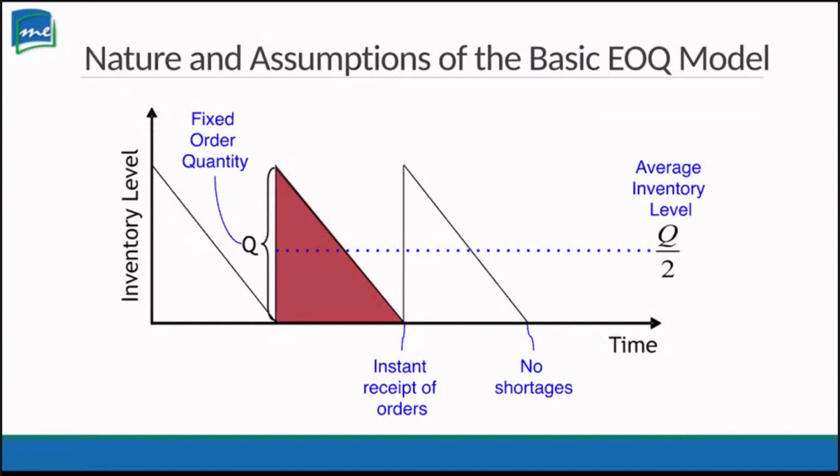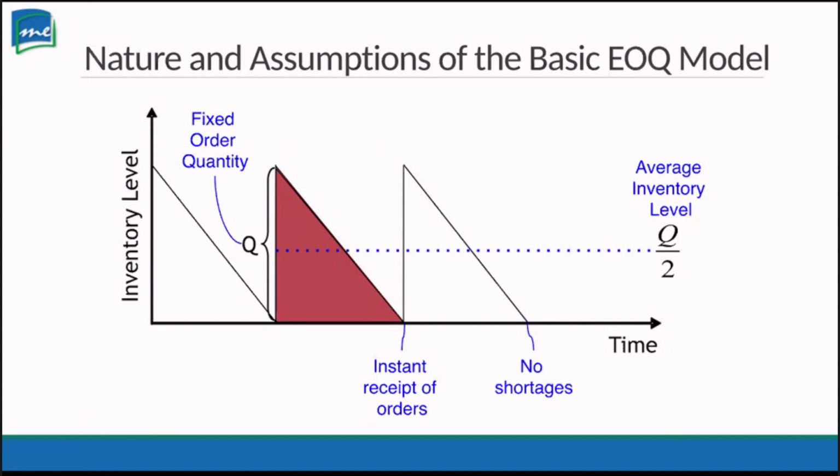So these lines represent the inventory level reducing in a straight line. And when you reach zero inventory here, you place another order and you will receive the order immediately, and it repeats the same pattern.